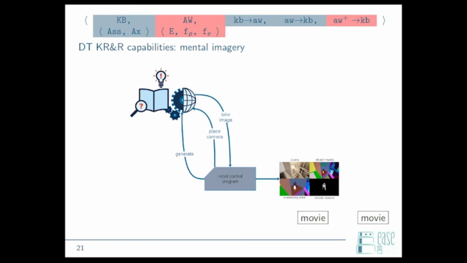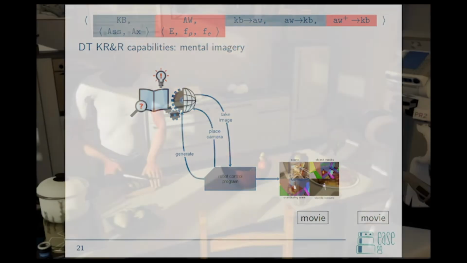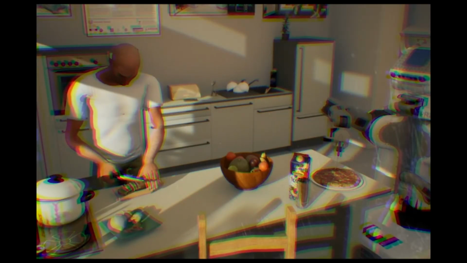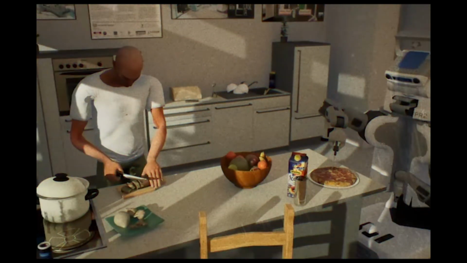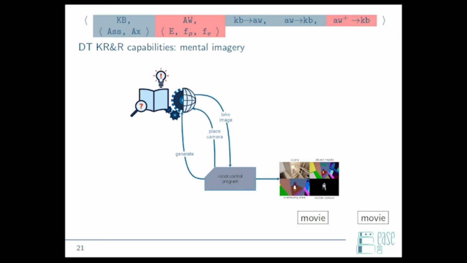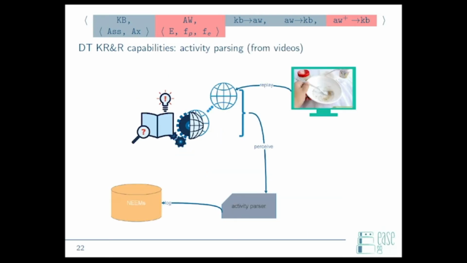And this provides a perception system with prior knowledge that helps it to interpret images. You can also see how detailed and how realistic it is, and how you can essentially change the images according to the parameters of the cameras.